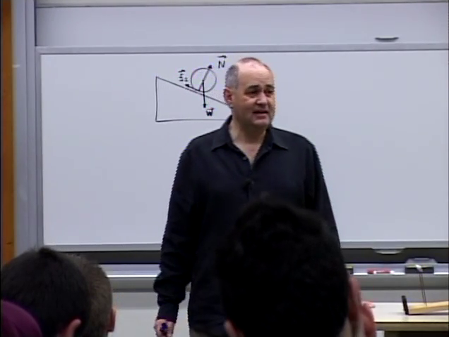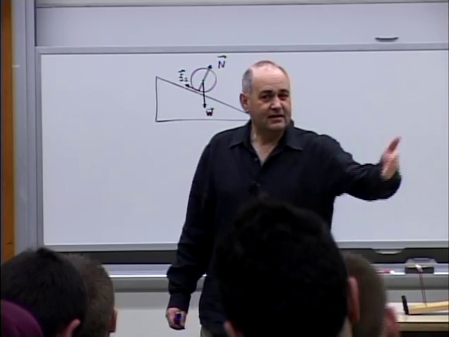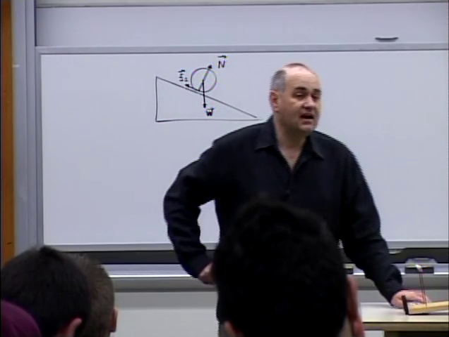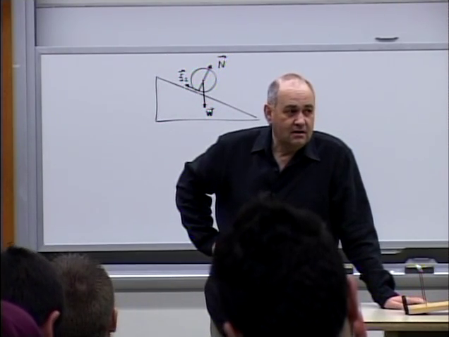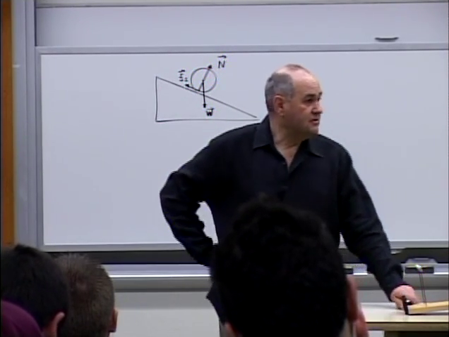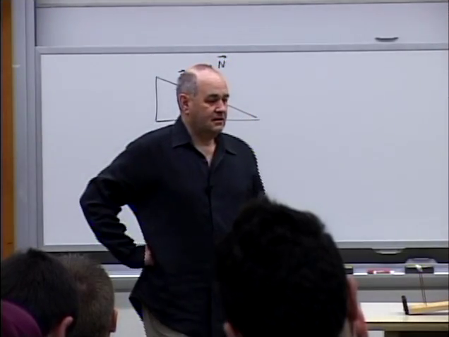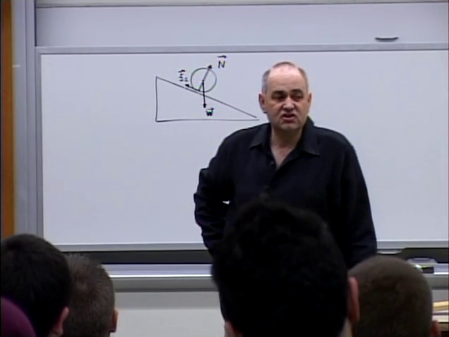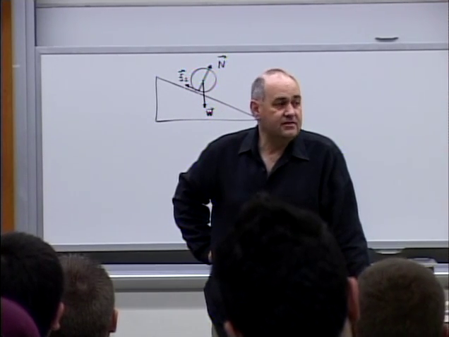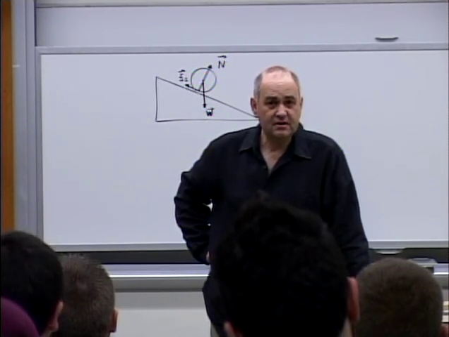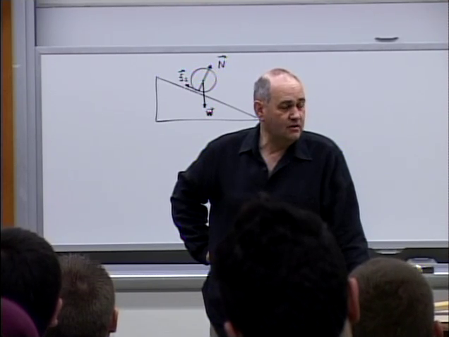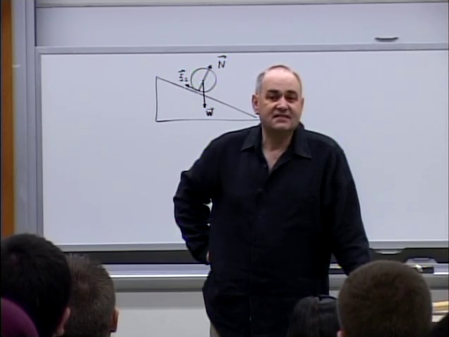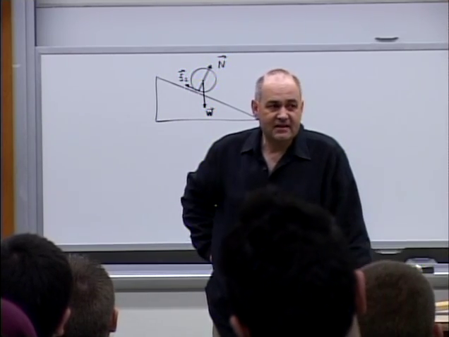They have to add up to such a value that the object accelerates. If I add those three forces, I will get the net force exerted on the object, and that force is supposed to be proportional to what acceleration of the object? Acceleration of the center of mass, correct?